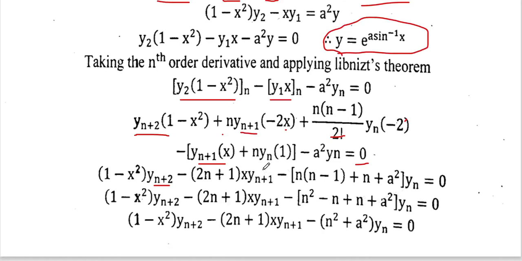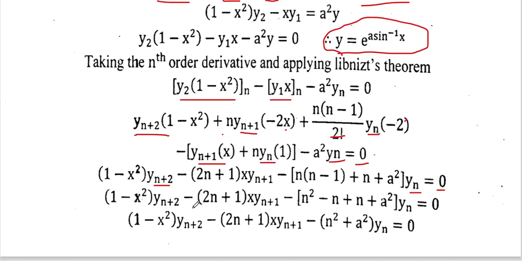So we can take y n as a common term. What is in the bracket? This is n minus 1, plus the term minus n plus a square, y n equal to 0. So take y n from this term as common.